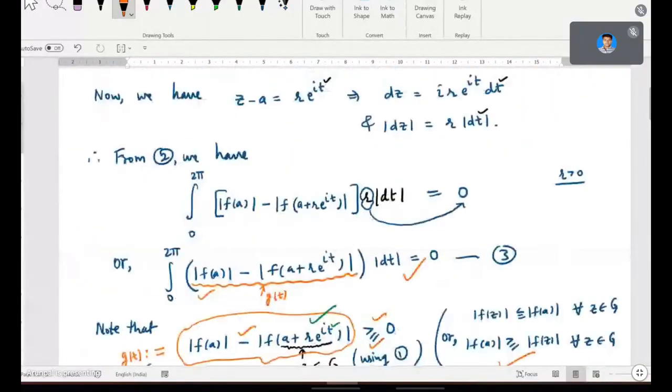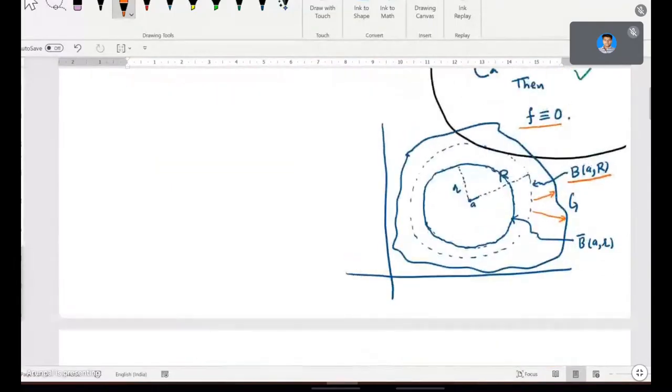So for this, I am going to use a very nice mechanism. If you notice, I took this small r arbitrarily, smaller than capital R. Yes or no, class? Yes.